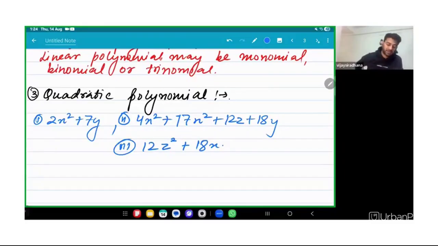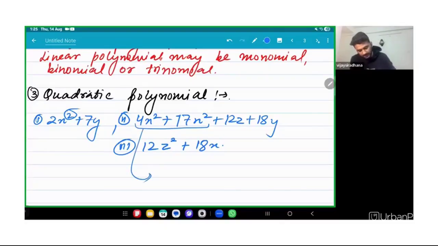Now students, you might see that in each example, the highest exponent is 2. In the second, first we need to solve the like terms: 4x square plus 17x square would be 21x square plus 12z plus 18y.